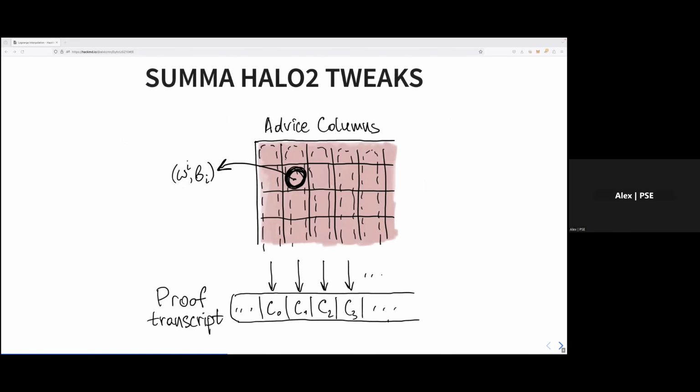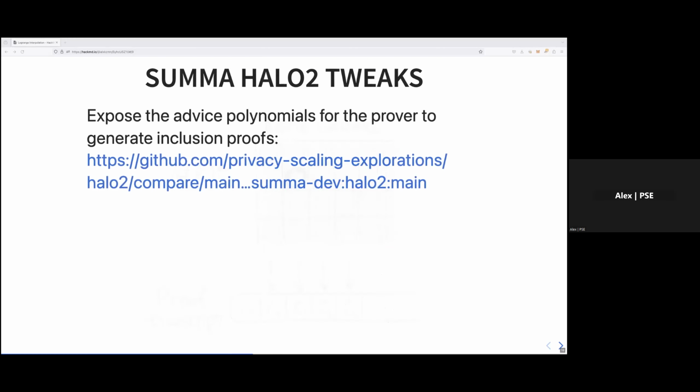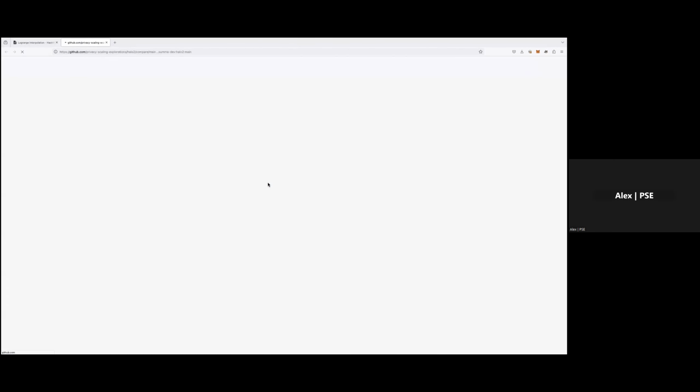It looks somewhat like this: we have the table with advice columns, and each column is represented by a polynomial, and for any value that we need from the column, we need to generate an inclusion proof. So for this purpose, we had to do a small tweak to Halo2, and we are returning the polynomials from inside Halo2 while we're generating the proof.